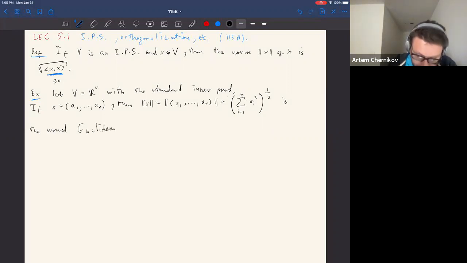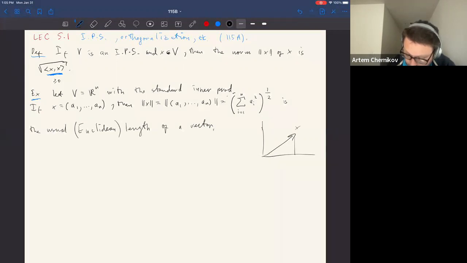Euclidean length of a vector: if I have a vector like this, let's say this is X, to calculate its length we look at the coordinates.